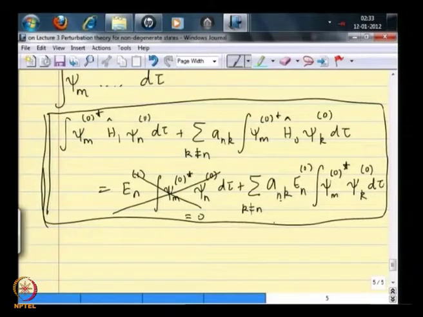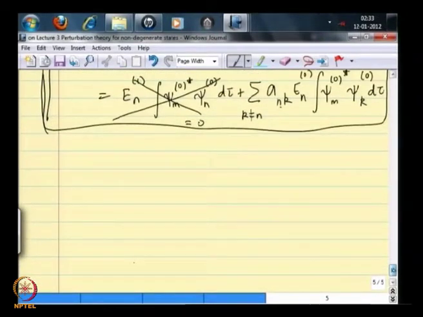Therefore, right away you can see this reducing to, because of this integral being delta m k, and therefore this summation in which k takes all possible values other than n, this summation is reduced to only one term, namely k is equal to m.